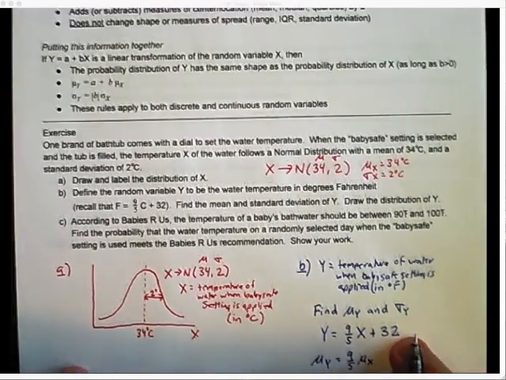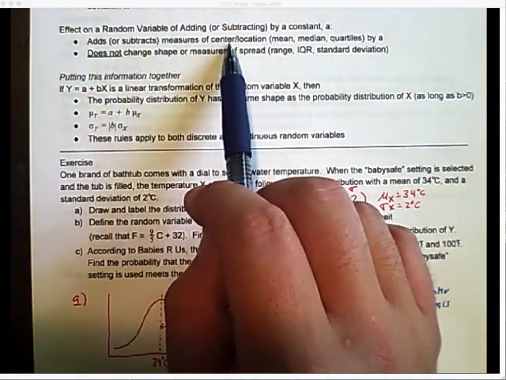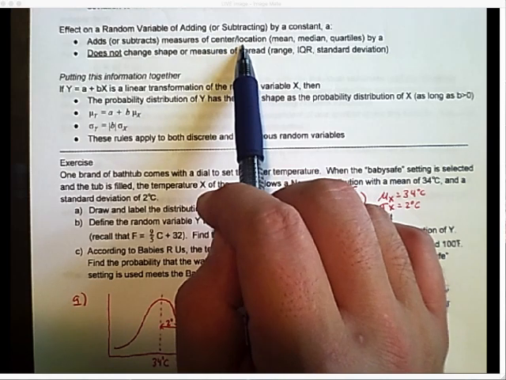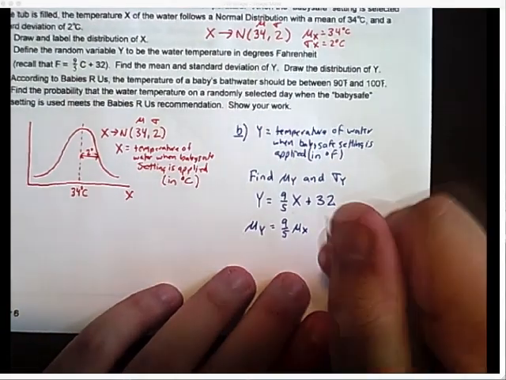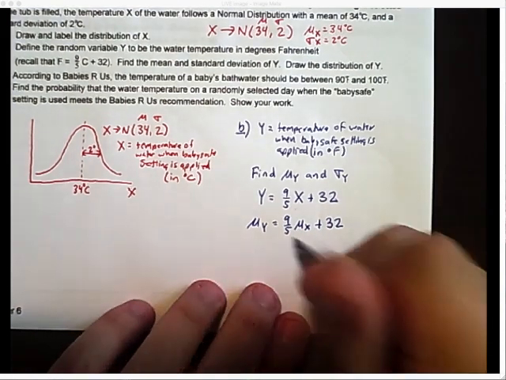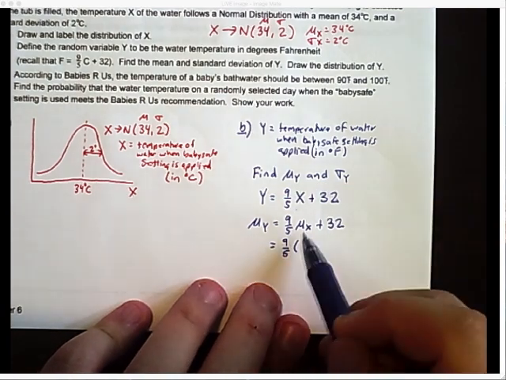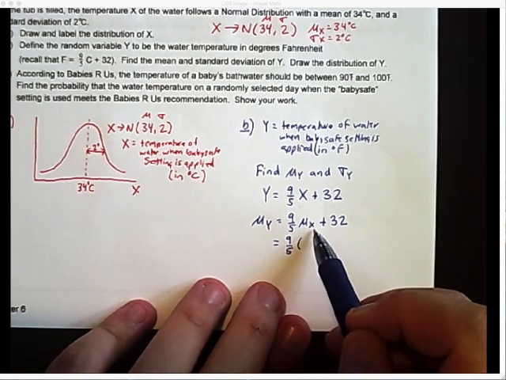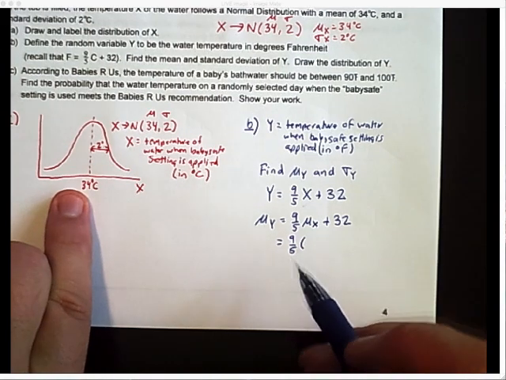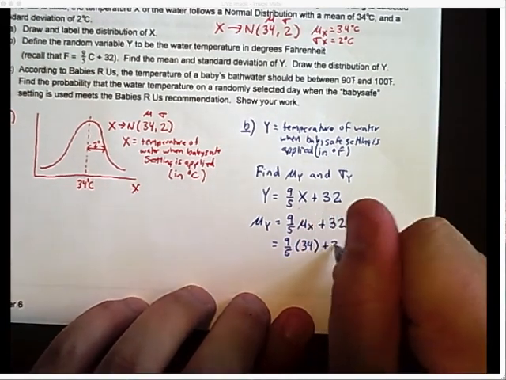What does adding do to it? When we add or subtract, we also have to add that number to the center, which would mean I would have to add it to the mean. Plus 32. So we can actually figure this out. 9/5 times what was the mean of x? It was 34. Plus 32.